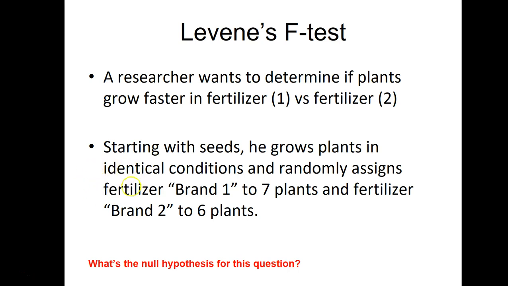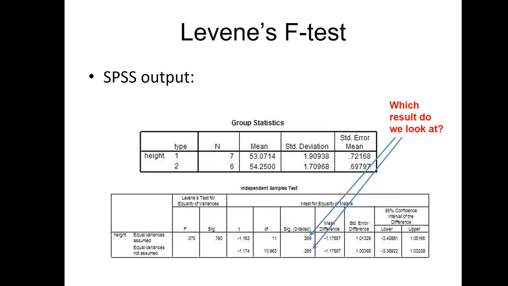But he uses brand 1 fertilizer on 7 plants and brand 2 fertilizer on 6 plants. What is the null hypothesis for this question? It's that there is no difference between growth rate for brand 1 versus brand 2. So the mean growth rate will be the same for both of them. In this case, it's height, so the mean height.